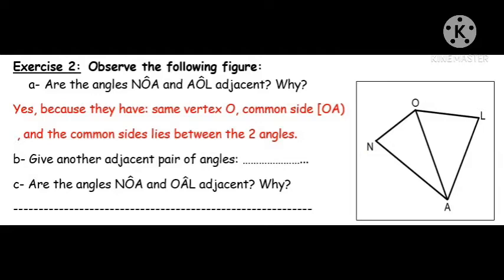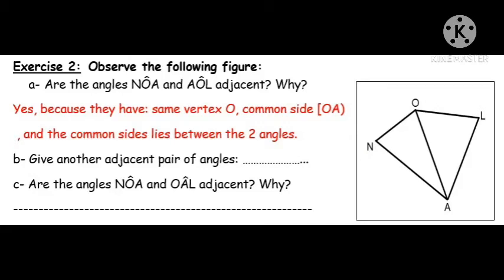Okay, part B. Give another adjacent pair of angles. Let's search for two angles which are adjacent to each other. They are beside each other and they share the same vertex and the common side. Look at A. We have the two angles NAO and OAL.